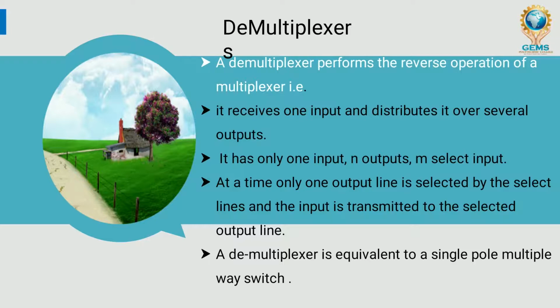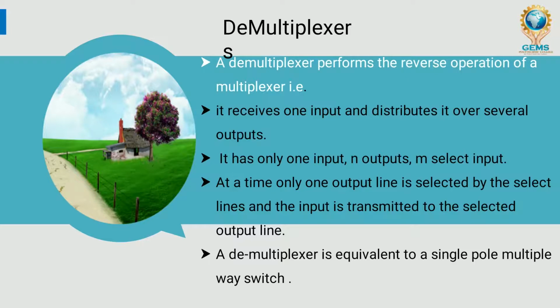What a multiplexer does, a demultiplexer does quite the opposite. A multiplexer takes multiple inputs and gives one output. A demultiplexer takes a single input and gives multiple outputs.